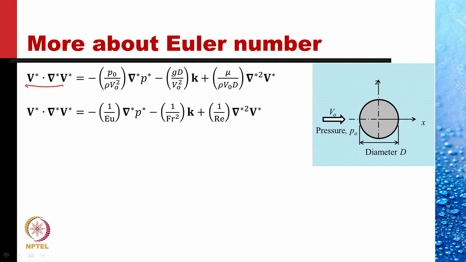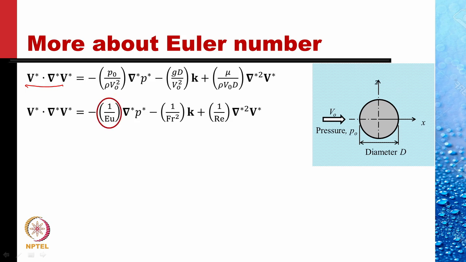The number rho V0 squared by P0 is termed the Euler number. The number V0 divided by under root gD is termed the Froude number, and rho V0 d by mu is the Reynolds number, abbreviated Re.